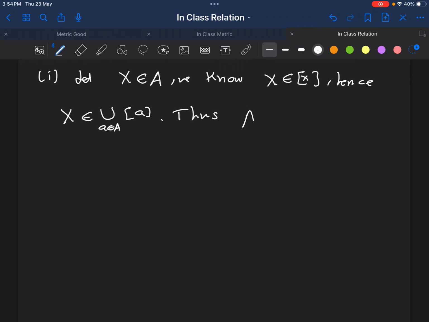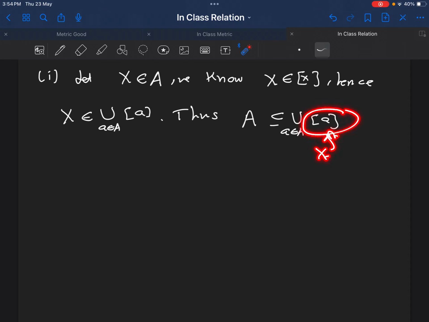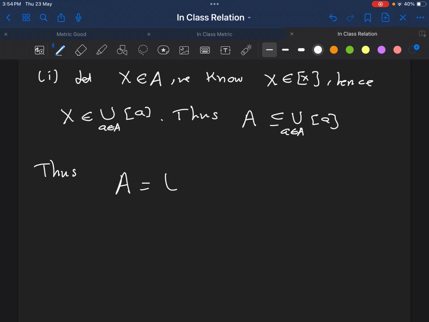Thus, A is a subset of the union. Remember, if I want to show two sets are the same, I need to show that each one is a subset of the other. So I pick an element X in A, I do many steps, and I show that X is in the union. Of course, the opposite will work in the same way. If we take any X here, it will be in one of the equivalence classes, and of course, their union must be part of A. Thus, A is just the union.